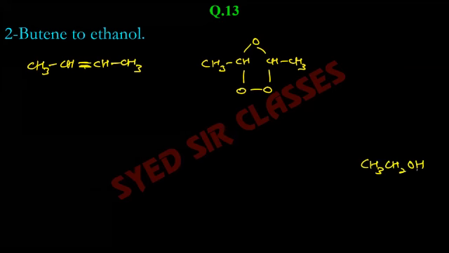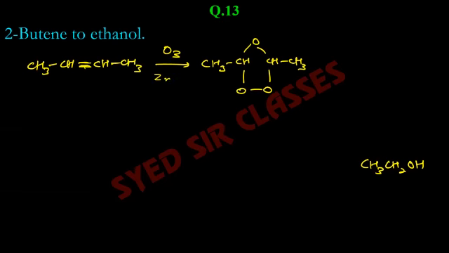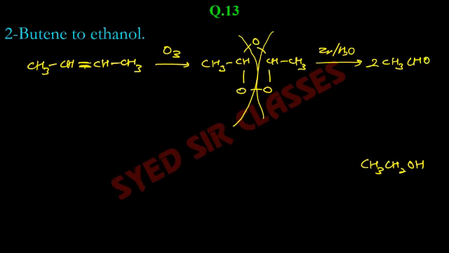Ozonide formation is just reaction with ozone. That is something all of you should know, in presence of zinc and H2O. So that will give you the ozonide. Obviously in the second step I have not written zinc and H2O, so write it here. When you have zinc H2O, it will split from here. You will get 2 molecules of CH3CHO.